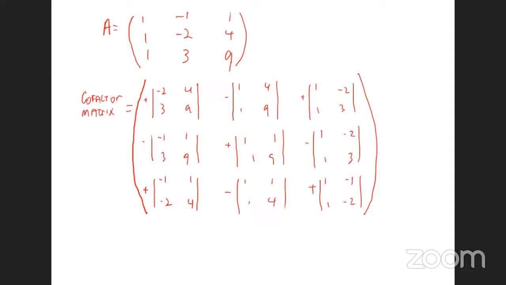The last column, the one in the middle. 1 minus 1. That's it. 1 minus 1, 1, 3.